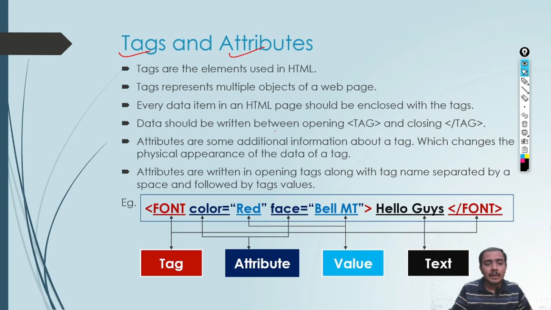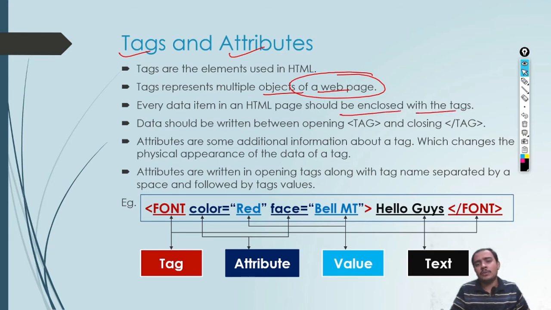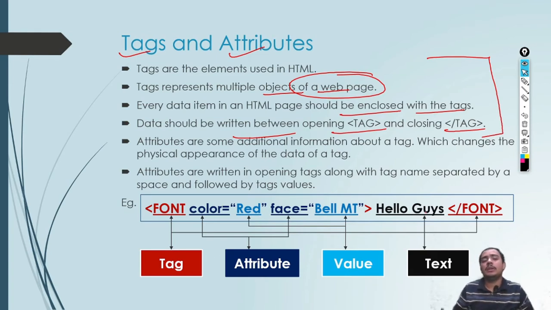And these elements generally represent multiple objects of a web page. Every data item in an HTML page should be enclosed within tags, and data should be written between an opening tag and a closing tag. As per these rules of HTML, whatever data item we write in HTML has to be a part of a tag.